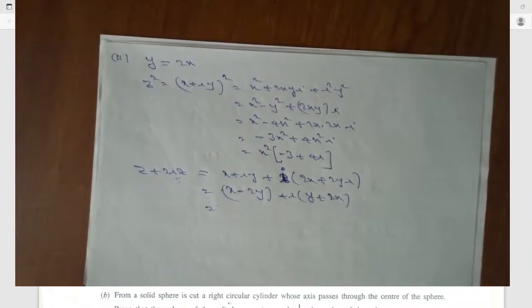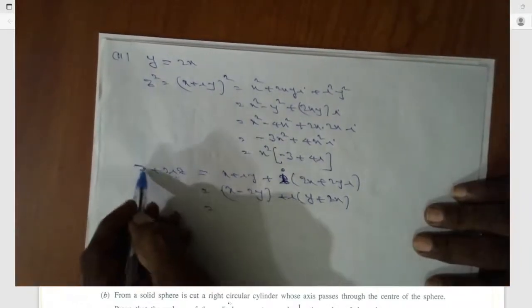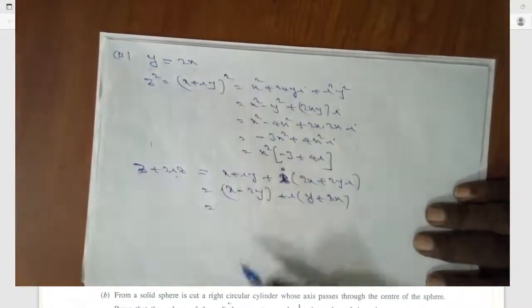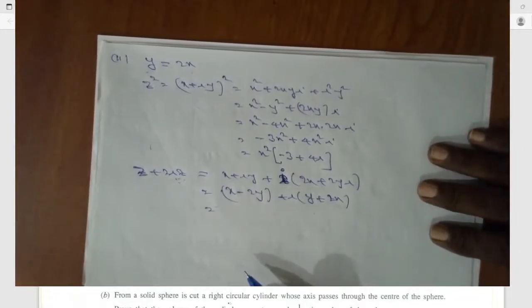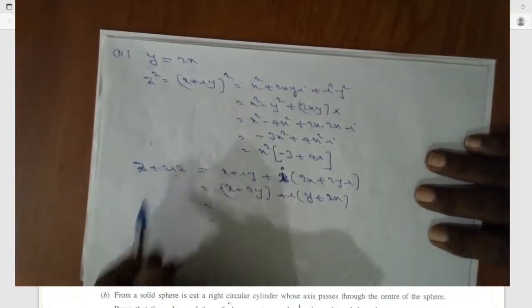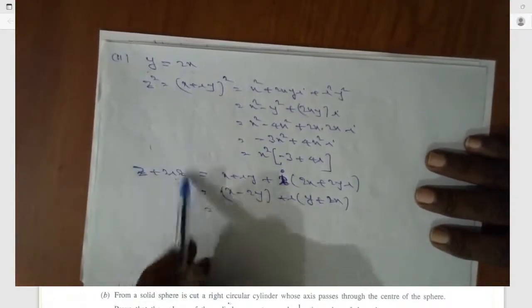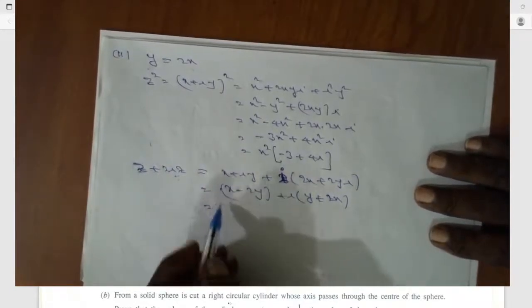Now they only give the relationship y equals 2x for the second part, and the first part's results cannot be used here.